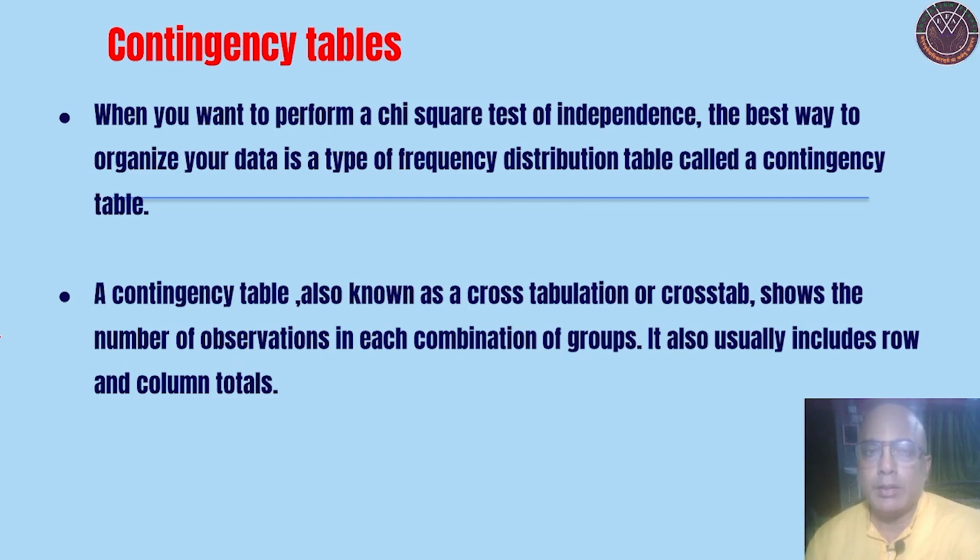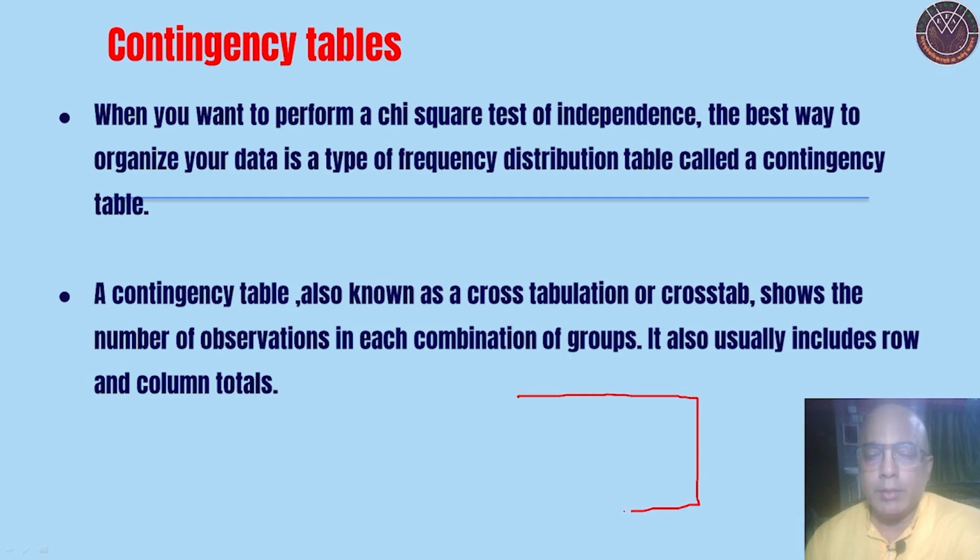So suppose gender is one variable, where male and female will be shown in the column axis, and eye color will be in the rows. So brown or black or blue, three eye color categories can be shown in the rows, and the gender can be shown in the columns. Like this you can make your cross tabulation.